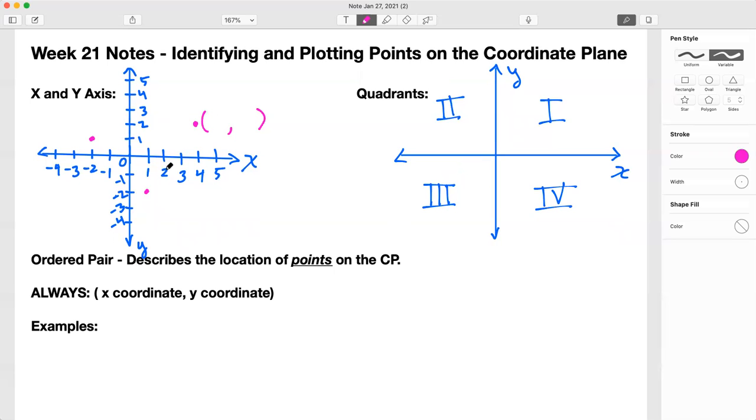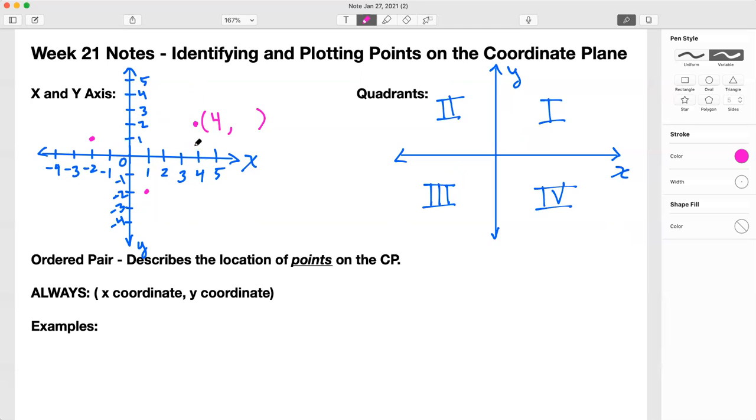So what is the x coordinate? Well, it's as far as it is this way on this x-axis. So 1, 2, 3, 4. That's as far as it went. Then we'll put a 4 there.